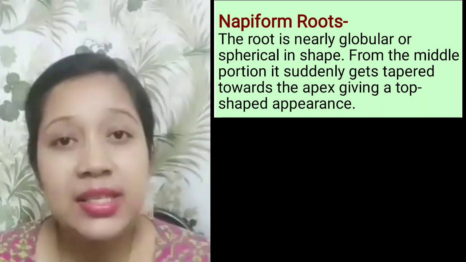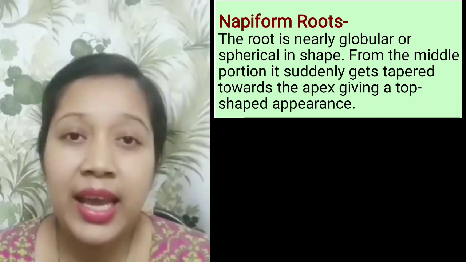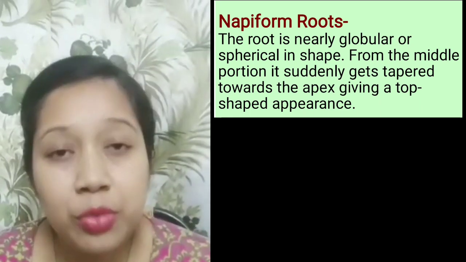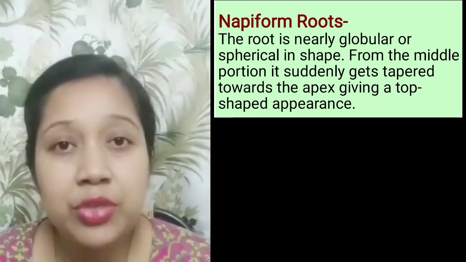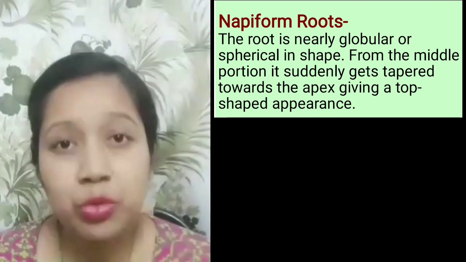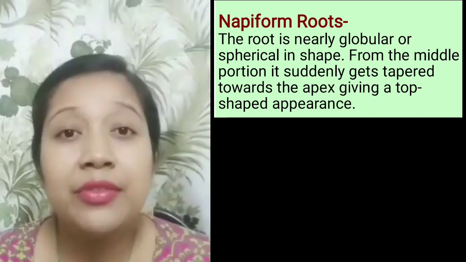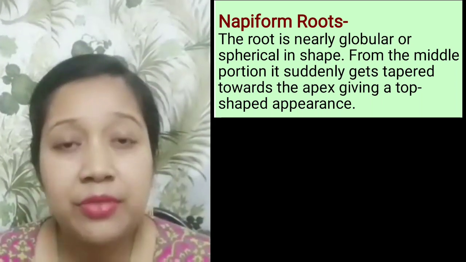That means towards the base of the root it is a globular structure, and towards the middle portion that globular structure continues, but towards the tip of the root, the lower side, it becomes very narrow, very abruptly, very suddenly.